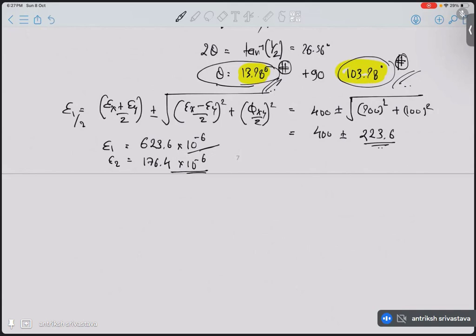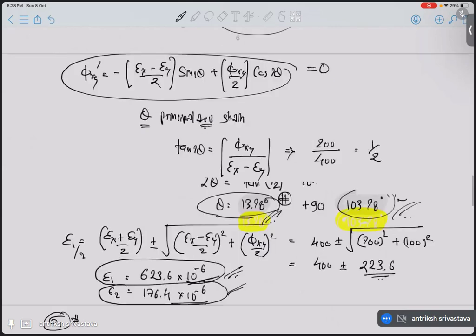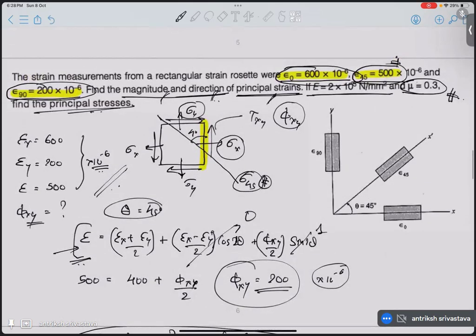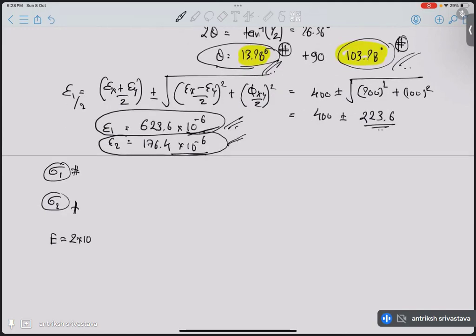Now, the last part of this question. So we have the principal strains. Now we have to get the principal stresses, that is sigma 1 and sigma 2. When we are calculating the principal stress, we need to keep in mind this 10 power minus 6, and we have to use our modulus of elasticity. Let me write that here. So modulus of elasticity is 2 into 10 power 5 Newton per mm square.